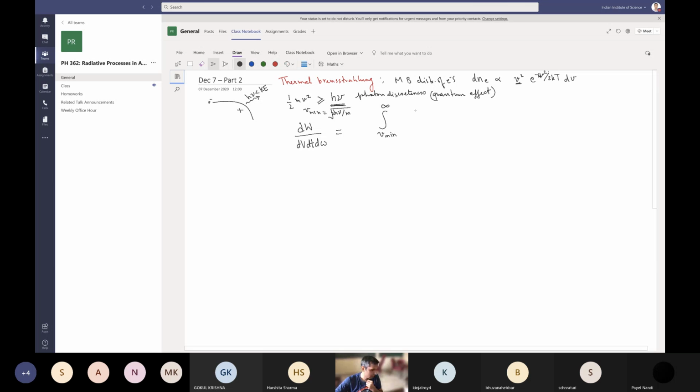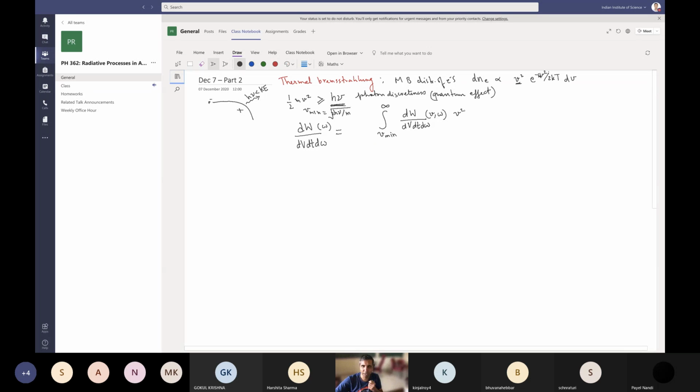So we have this expression dW by dV dt d omega for a given velocity. So this is a function of velocity and frequency. Now this is integrated over velocity, so this is only a function of omega or nu.